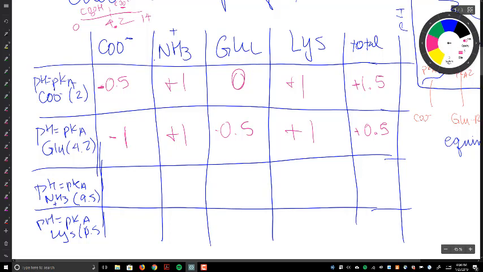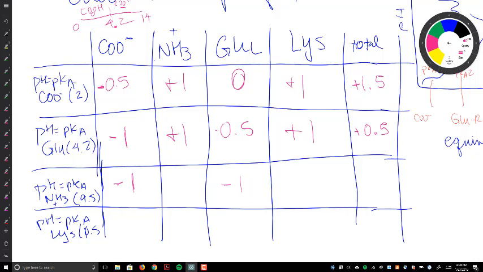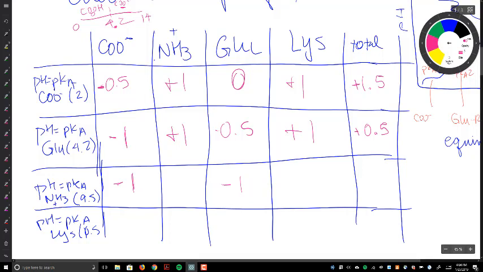And so we know, again, we're still going to have a negative charge on both of the carboxylic acid groups for the C-terminus and the glutamic acid, because the pH is going to be greater than the pKa of both of those. When we're at a pH of 9.5, we're still less than the pKa of the side chain for lysine, so that one will retain a positive charge, or charge of +1.